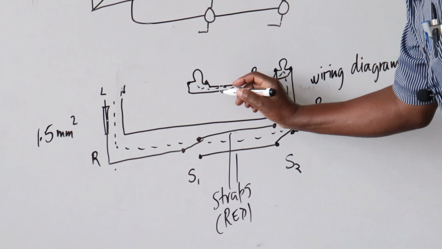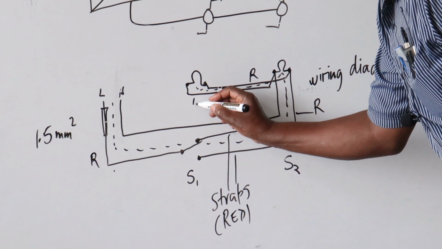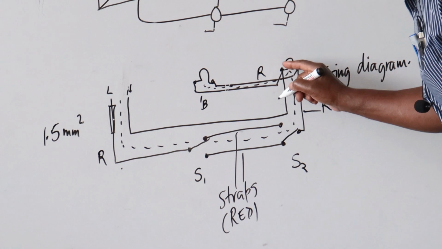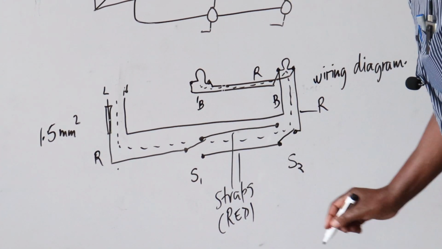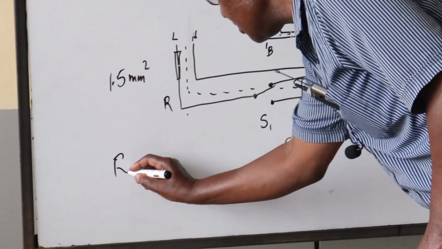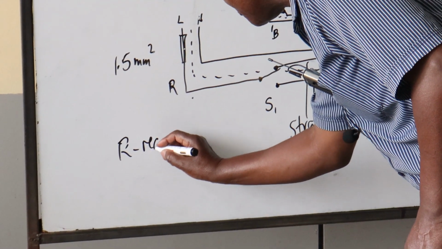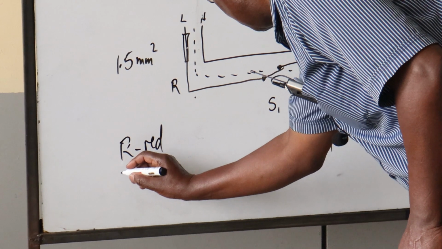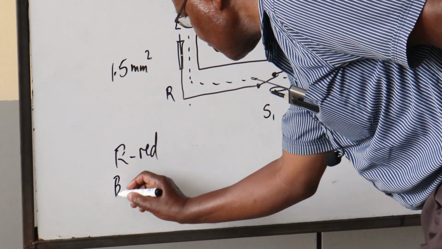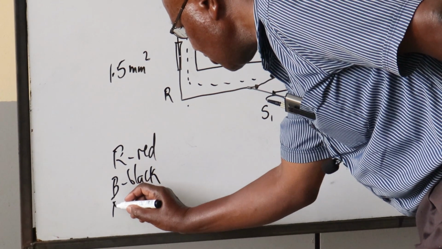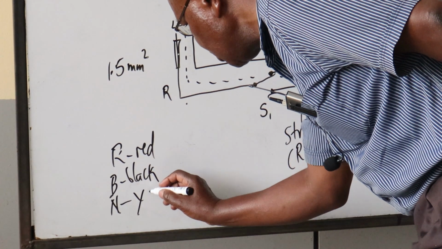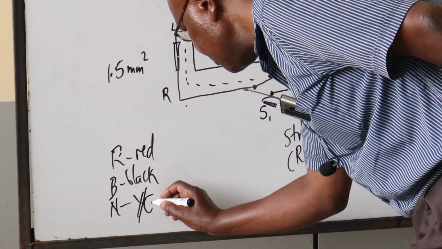So as it comes out, this one here will be black, and this one here black, all the way to the neutral. So in this case here, R is for red. Then we have a B for the black. Then we shall also have the earth, which is a combination of yellow, green.